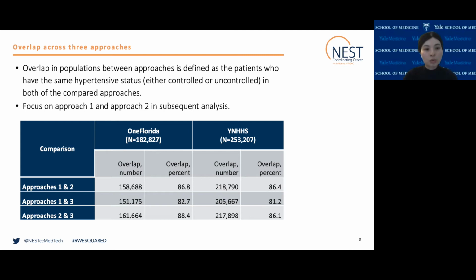For example, between approach 1 and approach 2, the overlap is 86.8% in the One Florida data set and 86.4% in the Yale data set. In the pairwise comparison, the overlap between approach 2 and 3 is the greatest, reaching about 90% in both data sets. Therefore, we focus on approach 1 and approach 2 in the subsequent analysis.